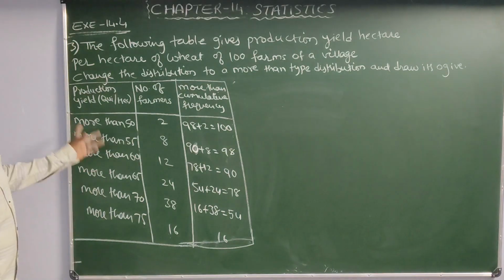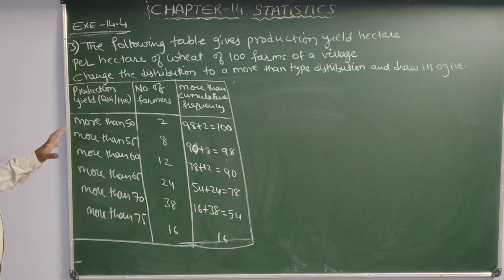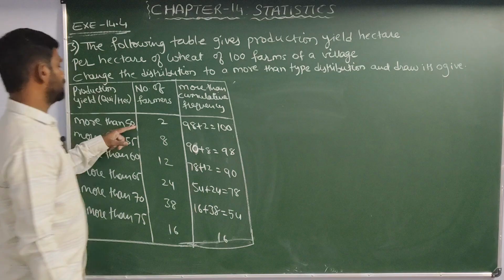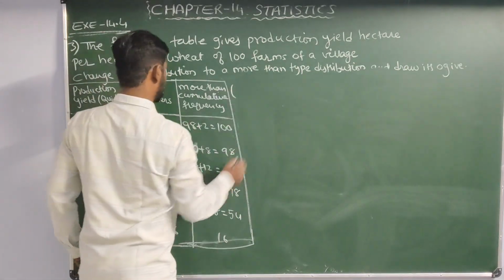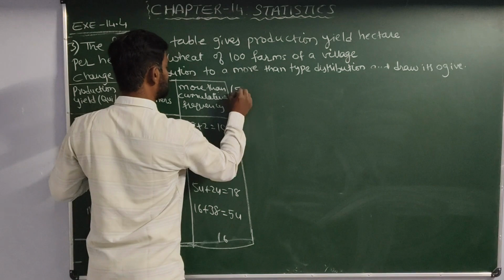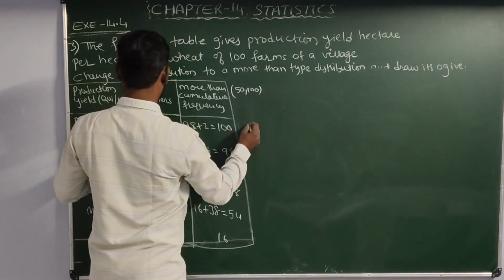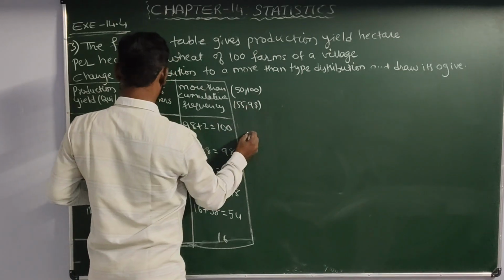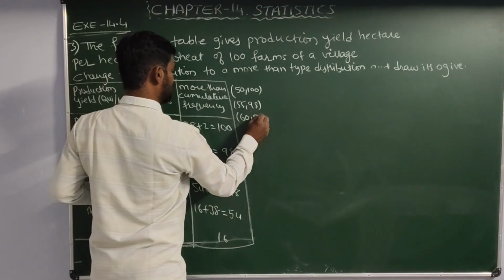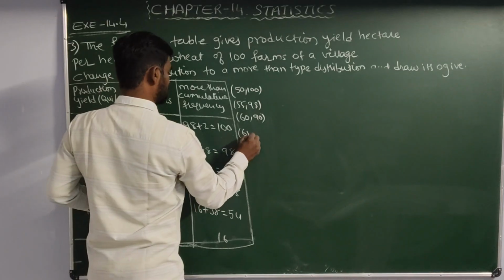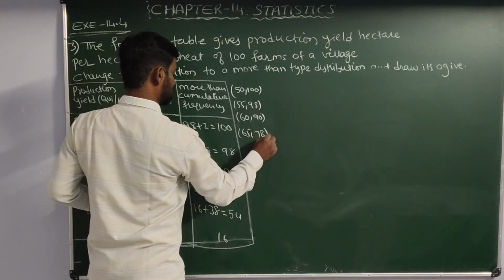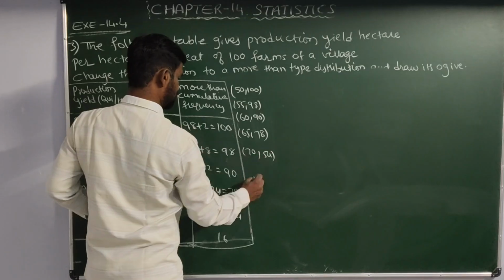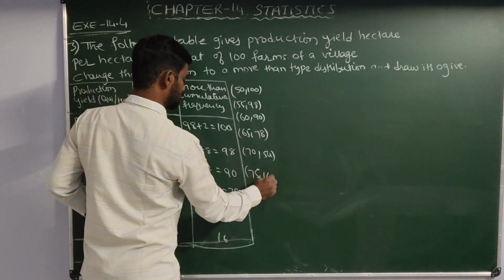Okay. So now we have to draw the more than distribution ogive. So what are the points here? 50 comma 100, 55 comma 98, 60 comma 90, 65 comma 78, 70 comma 54, and 75 comma 16.